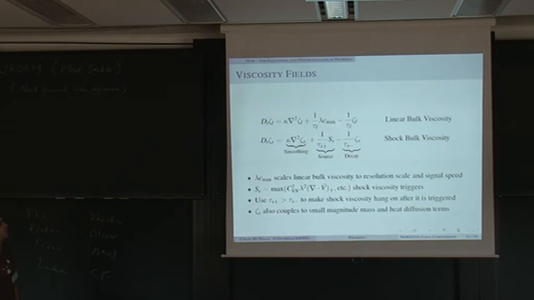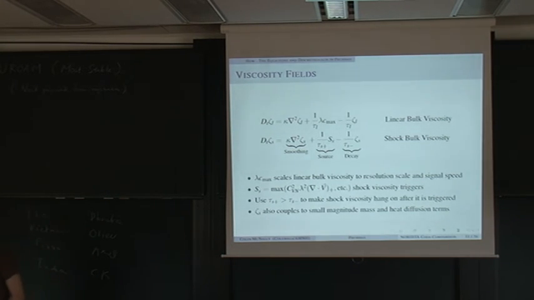So the linear bulk viscosity has a source term that drives it up to a function of the signal speed and the resolution scale, just like you would in other linear bulk viscosities in finite difference methods. The shock viscosity works a lot like von Neumann artificial viscosity, although we've generalized it a little bit with extra triggers so that this can also depend on things like magnetic field quantities around magnetized shocks, not just the divergence of velocity itself.